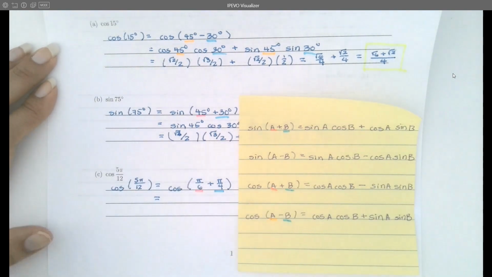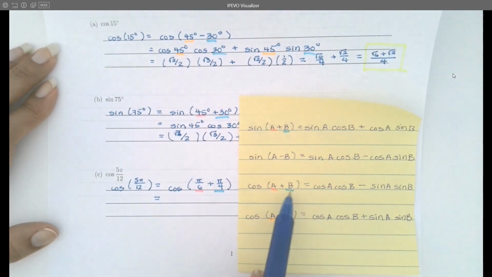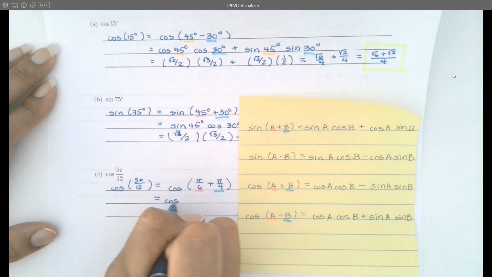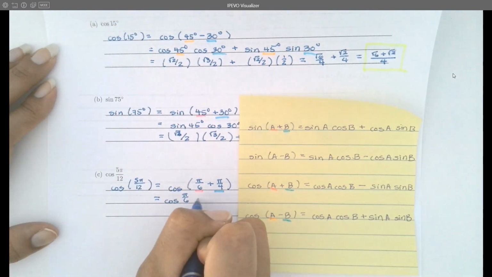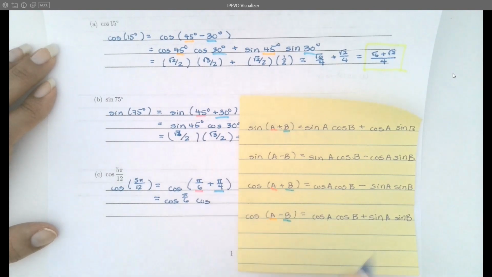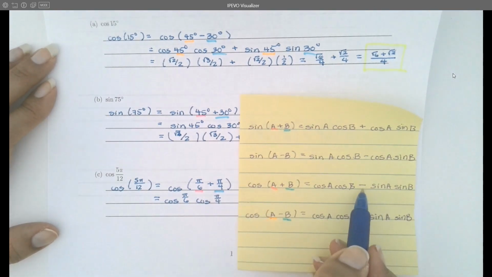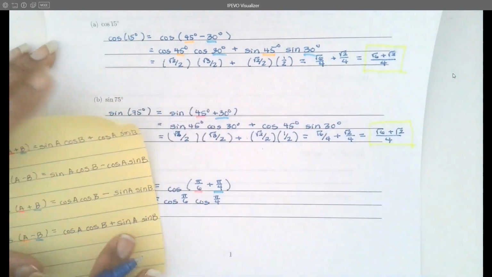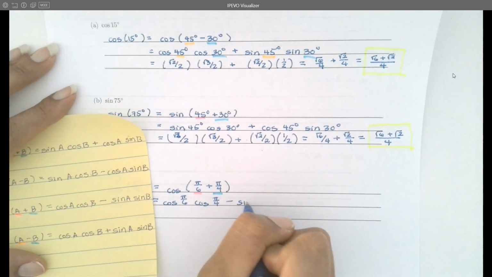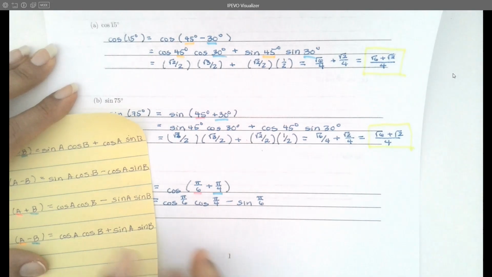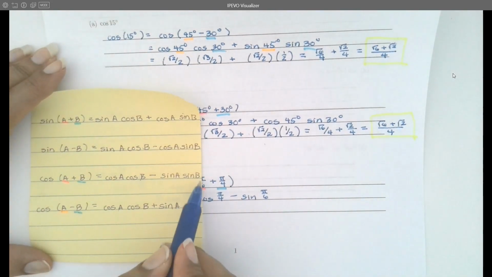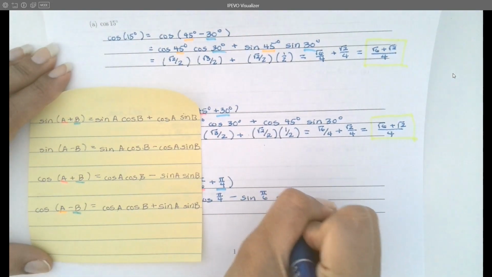So with that in mind, the identity reads that should be equal to cosine of the first angle, so that'll be cosine of pi over 6, times cosine of the second angle, so that'll be a pi over 4, minus sine of the first angle, so minus sine of pi over 6, times sine of the second angle, so that'll be times sine of pi over 4.